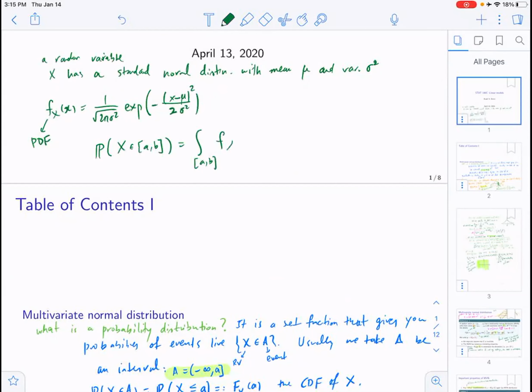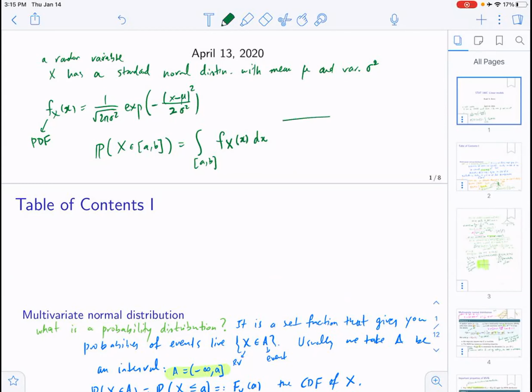So basically density means I have to integrate it to get the desired quantity. If I want the probability to be in a set, I have to integrate this function over that set. If that set is an interval, it would be like that, but it could be a general set.